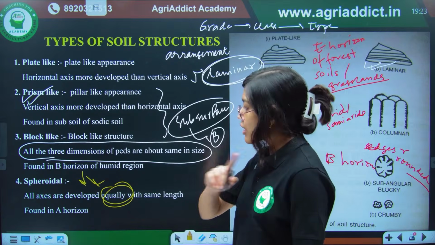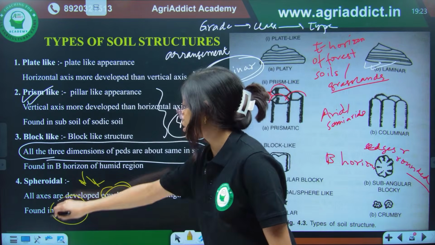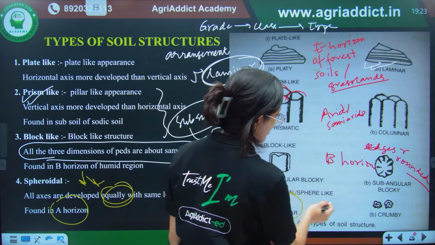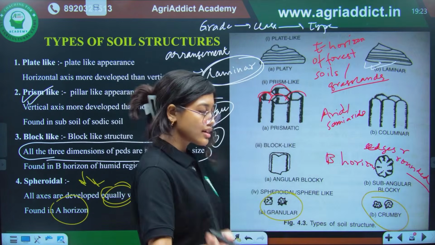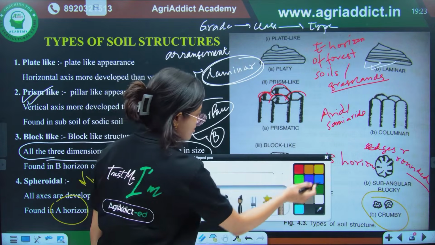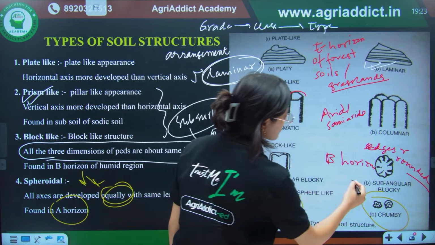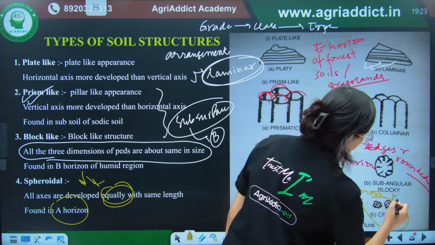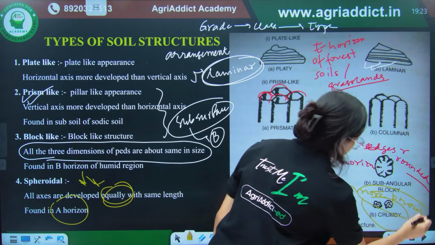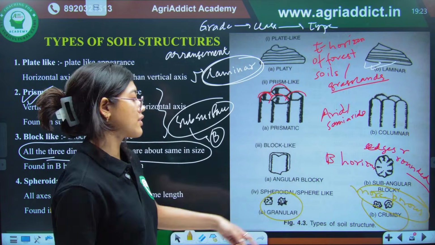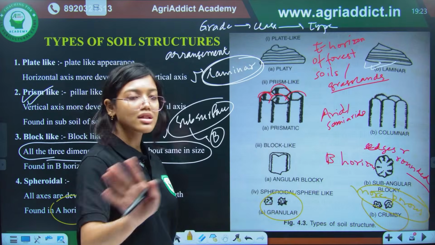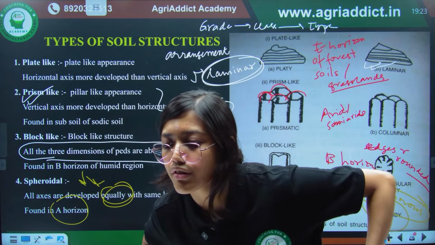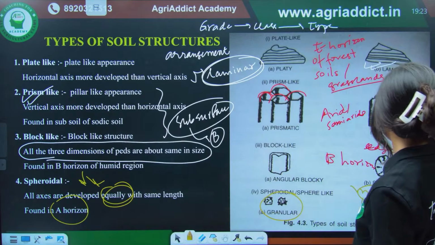Spheroidal structure is found in your surface horizon, and there are two types: granular and crumby. The crumby one is more porous and more important for cultivation purposes. So what is the best structure for cultivation? It is crumby, not granular. Clear? Clear, each and every one of you? Okay. Now, next.